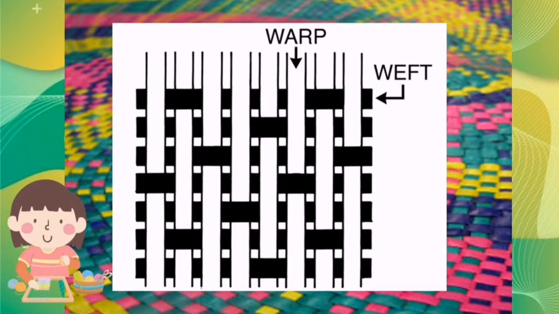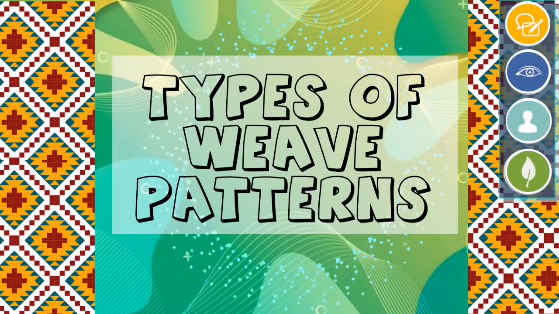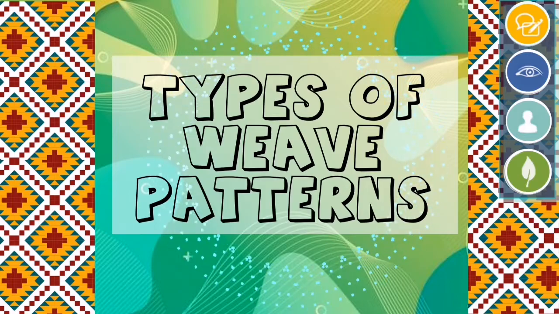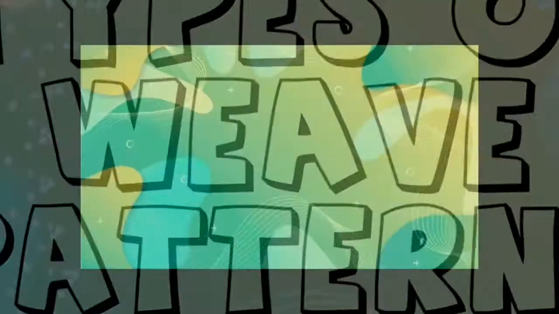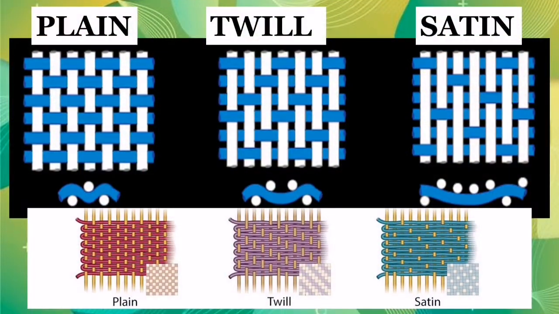The longitudinal threads are called the warp, and the lateral threads are the weft or filling. The way the warp and the filling threads interlace with each other is called the weave. Here are the basic weave patterns. These are plain, twill, satin.